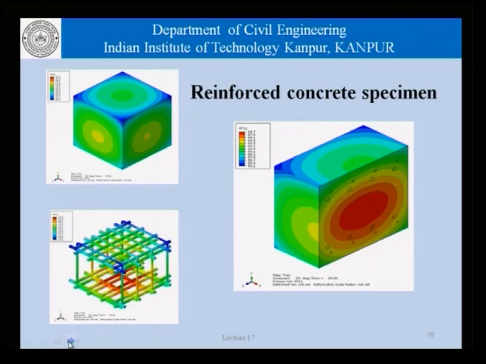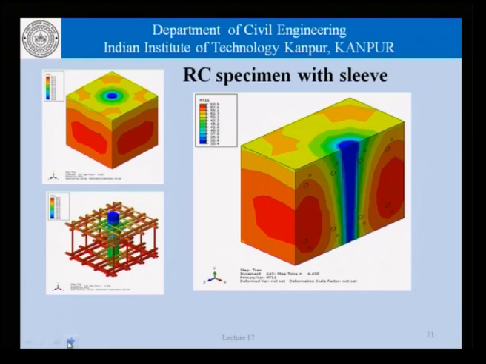Similarly, for the reinforced concrete, these are the reinforcing bars that we see here, and we can see in this picture what the temperatures of these bars and the center, the core, and so on are. Similarly, for the reinforced concrete specimen with the sleeve, we have this temperature distribution, which is making it much cooler in the neighborhood of the core, and this scale is quite different.